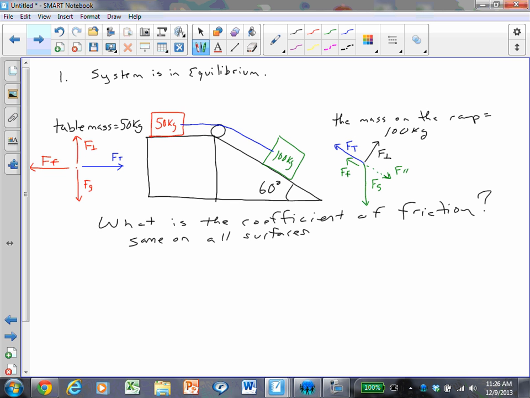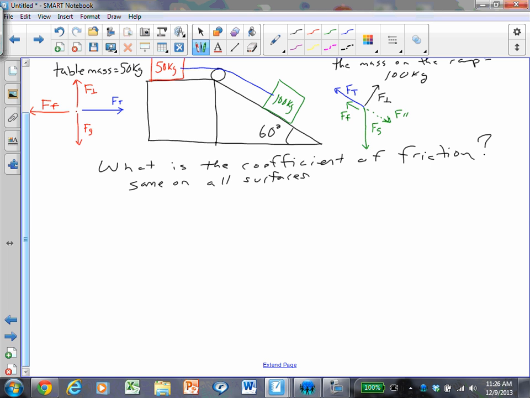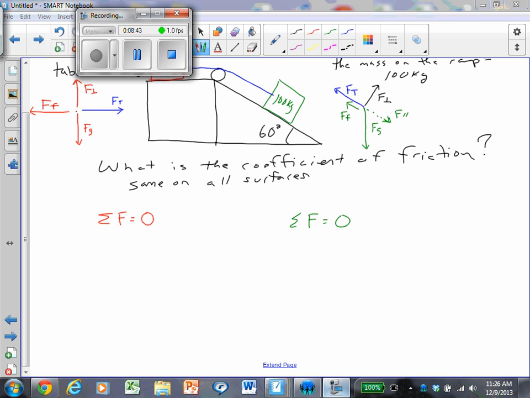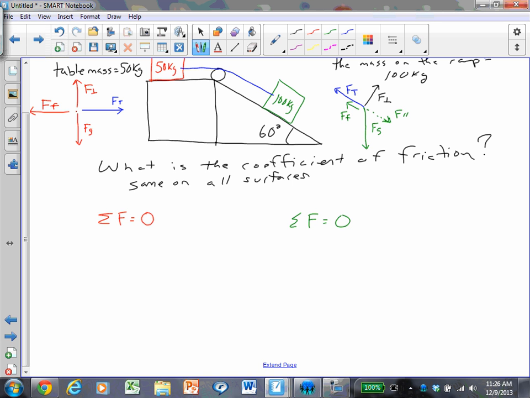So let's see. We're going to sum the forces in both cases. So for the red one, we'll sum the forces equals 0. For the green one, we'll sum the forces equals 0. The red one is in this direction we're going to look at. And so in this case, since it's in equilibrium, the lefts equal the rights. What do we have going to the right?